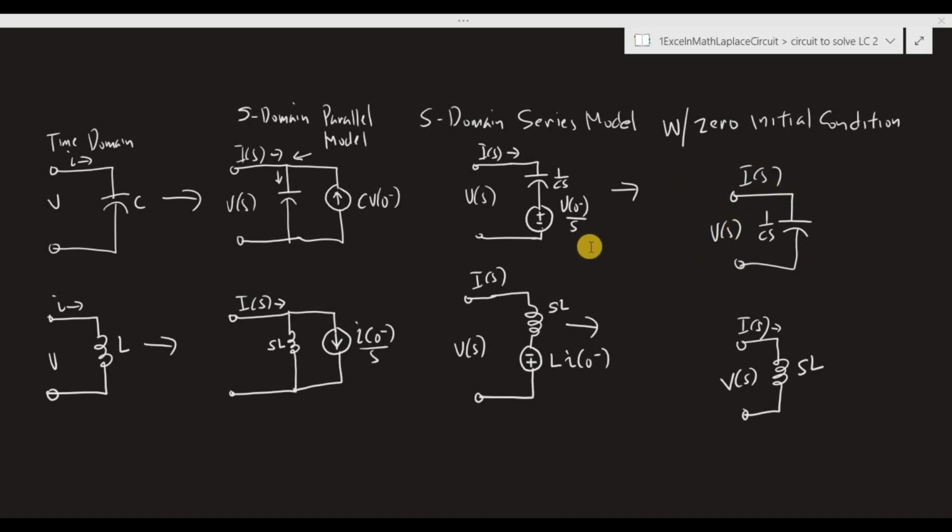In the same way, for the series circuit model, if V0 minus is 0, then 0 over S equals 0, which means the voltage source is 0. And if the voltage source is 0, it will act as a short circuit. So the series circuit model will also reduce to this form.